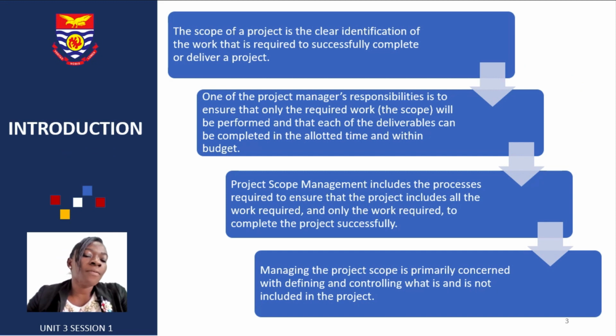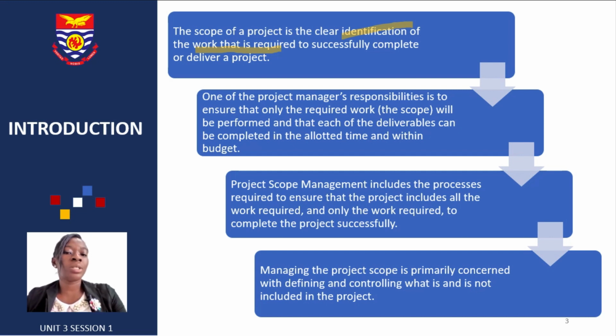So the scope of a project is very key, and it's very important for us to be able to clearly identify what we want to do within the project. When we're looking at the scope of a project, it's actually the clear identification of work that is required to be completed by the project.